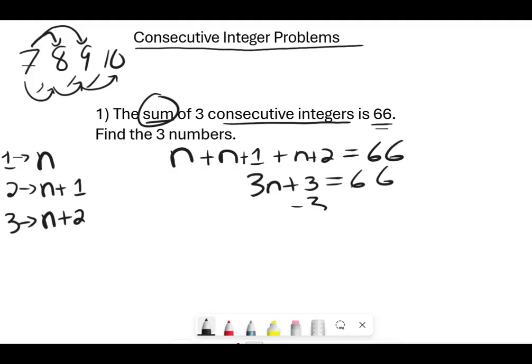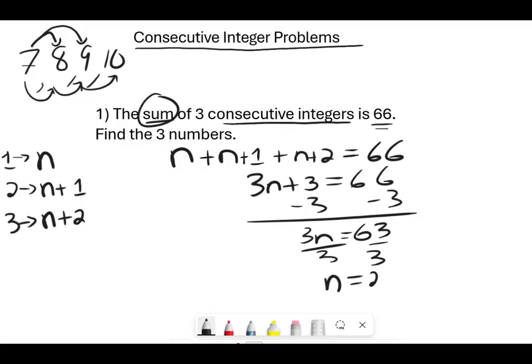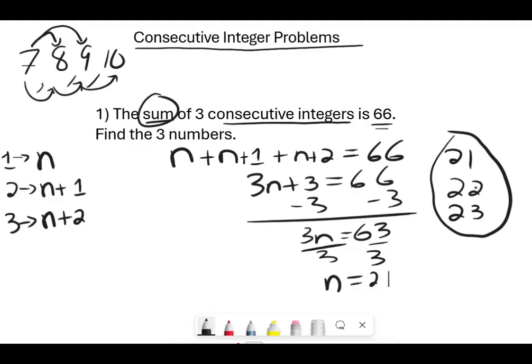We're going to solve this equation by working backwards using inverse operations along the way. And I'm going to finally divide both sides by 3, and I get n is equal to 21. So the 3 numbers are 21, 22, and 23. We found the 3 consecutive integers. We could do a double check just to make sure they add up to 66, and they do.